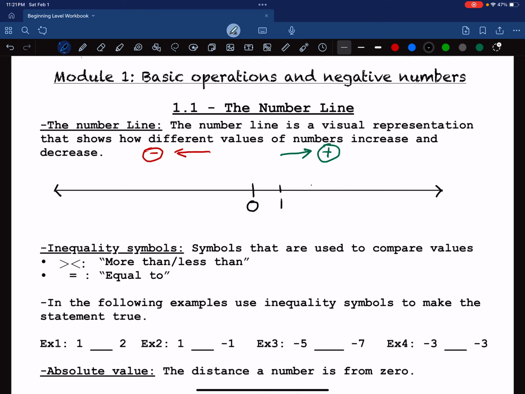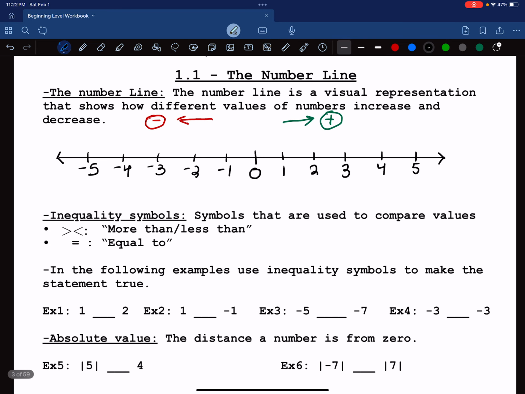So we're going to have 1, 2, 3, 4, and 5. Now going to the left of 0, we're going to have our negative numbers. So this is going to be -1, -2, -3, -4, and -5.